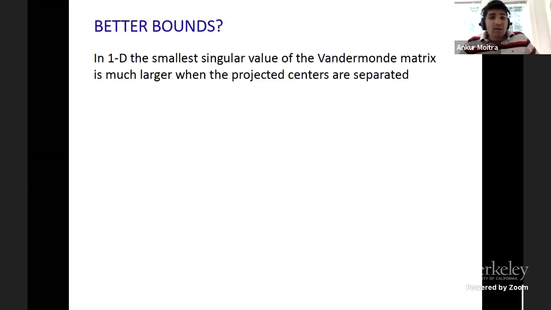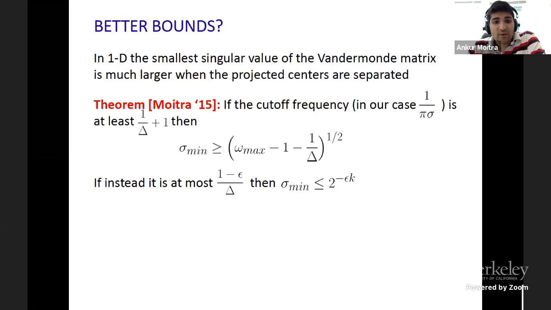Now I'm going to take a step back and address the most interesting question, which is what happens when you don't want exponential dependence on k. The first thing I want to mention is that in 1D, there are conditions under which the smallest singular value of a van der Monde matrix is not exponentially small.